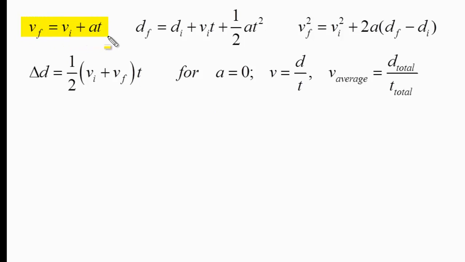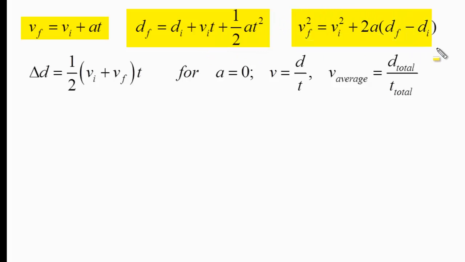This one here is the first one. It has a second velocity and an initial velocity, or first velocity, but there's no distance in the equation. This one has a distance in the equation. It has the initial velocity, but there's no final velocity. This one has a final velocity and initial velocity, but there is no time in this equation.